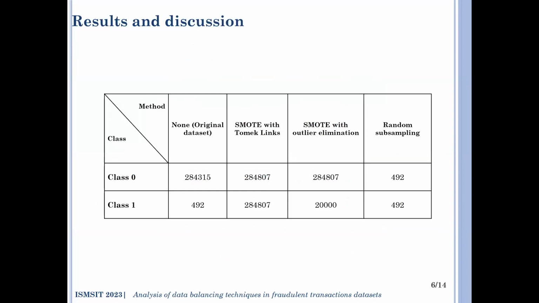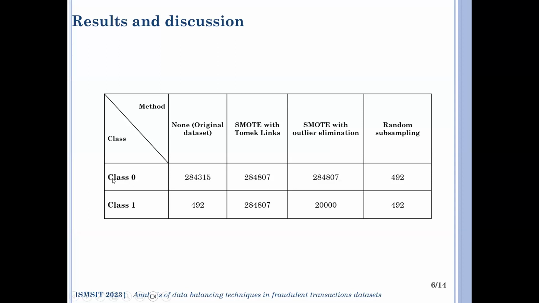What we did was implement these 3 techniques: SMOTE with Tomek links, SMOTE with outlier elimination, and random subsampling. We implemented them in Python, making good use of predefined functions, and these are the results we obtained. So just to compare with the number of items in the original data set, as I said, almost 300,000 items in class 0.